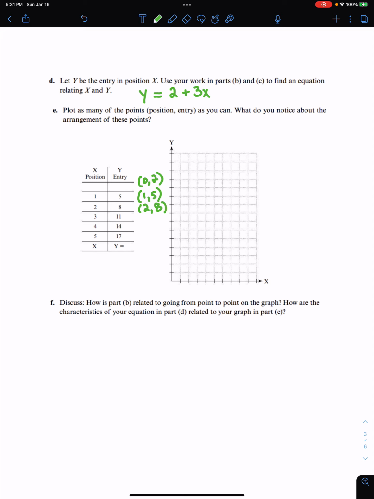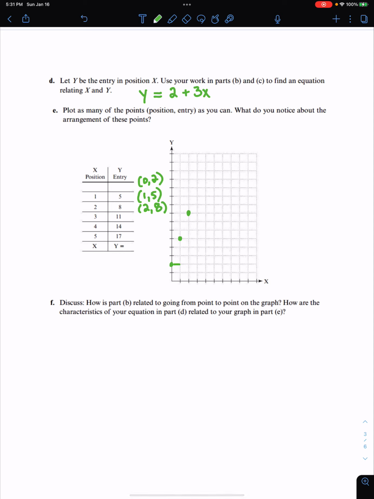If you don't remember how to plot points on an XY axis, you go over by the X number. So our first number is 0, over 0, up 2. Over 1, up 5. 1, 2, 3, 4, 5. Over 2, up 8. 1, 2, 3.